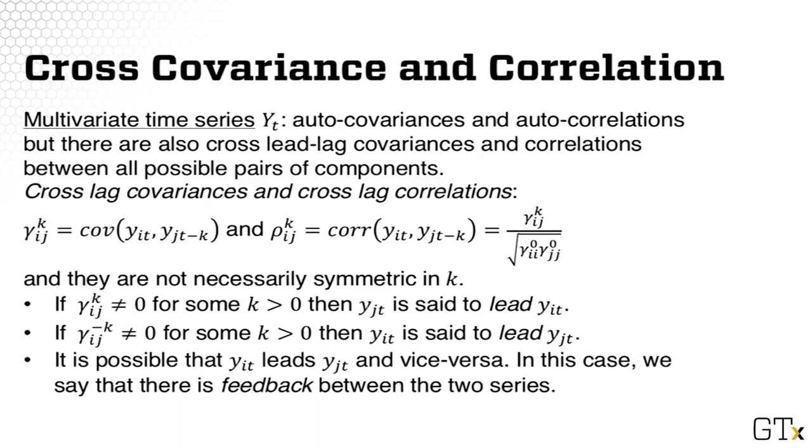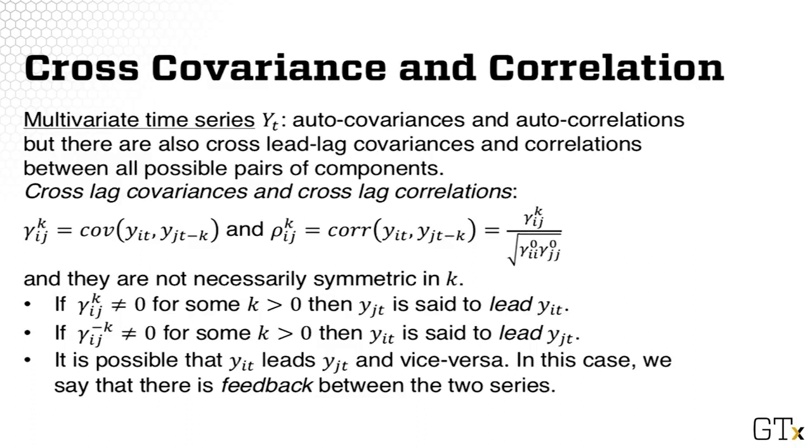Consider a pair of time series from the multivariate time series with index i and j. The lead-lag covariance for this pair is defined here on the slide by gamma ij for lag k, which is the covariance between the ith time series at time t and jth time series at time t minus k. The lead-lag correlation is simply the scaled lead-lag covariance.